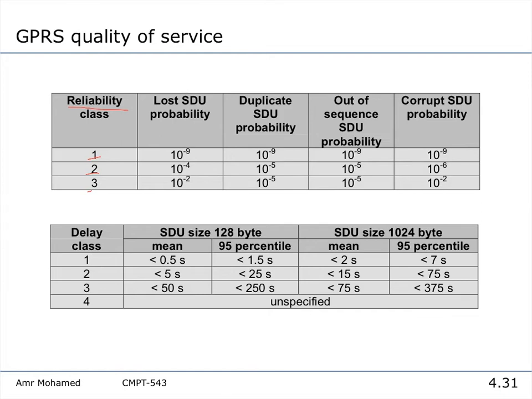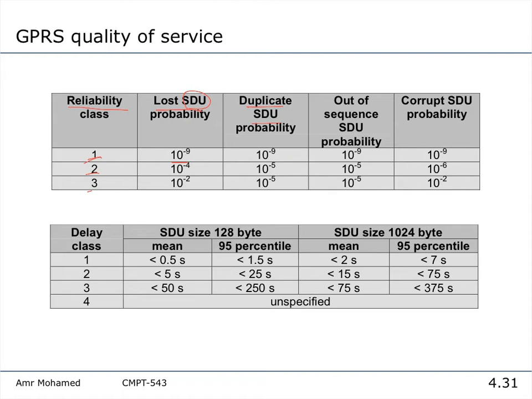If you need a very high level of reliability, you get assigned to class 1, which essentially means that the loss rate for the service data unit is in the order of 10 to the power minus 9, which is very, very low. For duplicate service data unit probability, it's again 10 to the power minus 9.